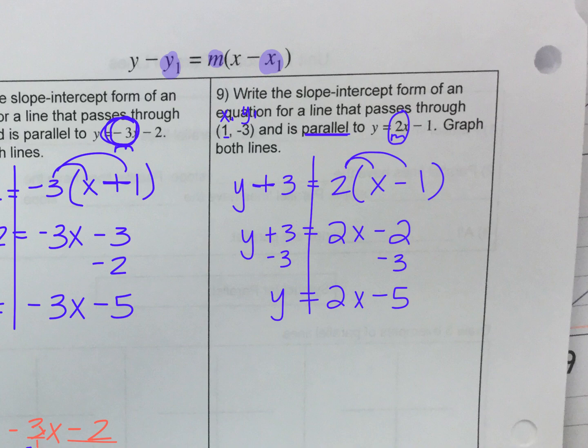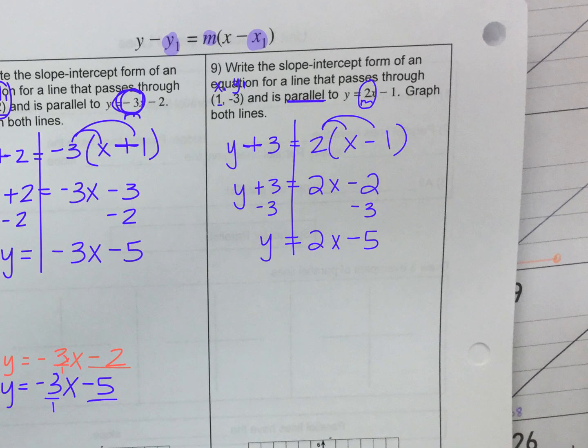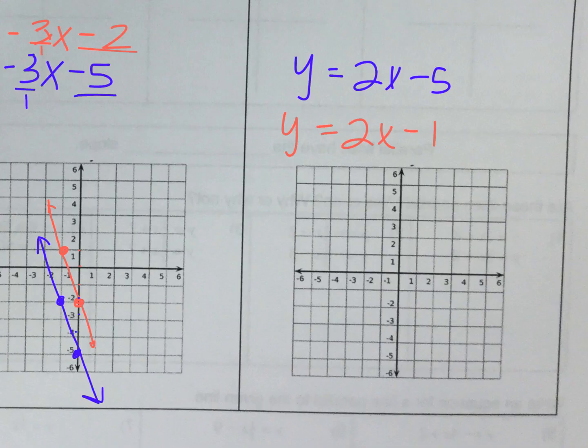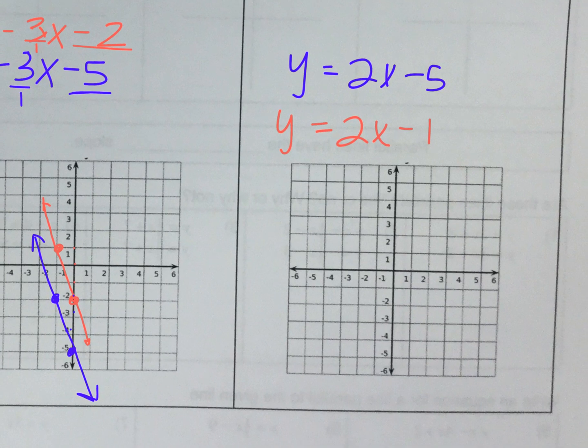So now we have two equations again. We have our y equals 2x minus 5, the one we just wrote, and we have our original equation, y equals 2x minus 1. Let's graph these and see if they're parallel. All right, I'm going to do the red one first. It starts at negative 1.